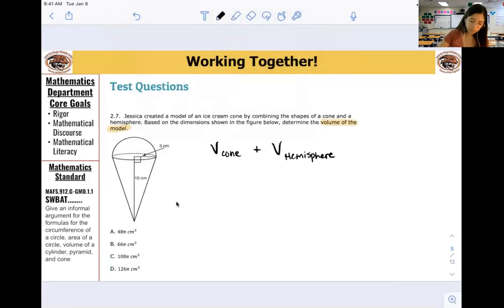So what's the volume of a cone? One-third base times height. Volume of a hemisphere?